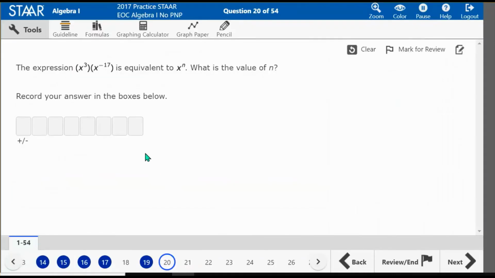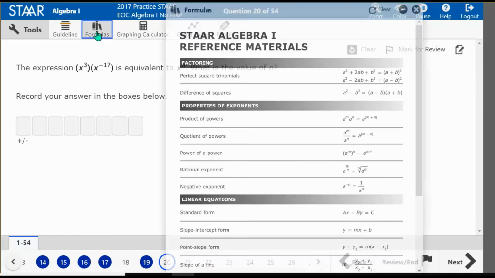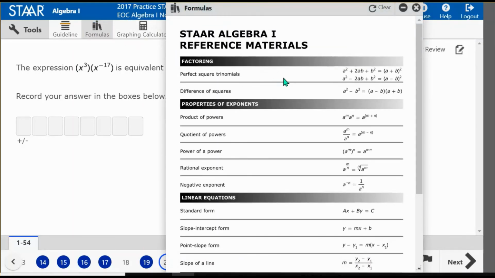Okay. Number 20. The expression x cubed times x to the power of -17 is equivalent to x to the power of n. What is the value of n? This question is very, very common. Many people get really confused about whether to add the exponents or multiply them. A handy checker, if you're really confused during the test, is to look at the formula chart.